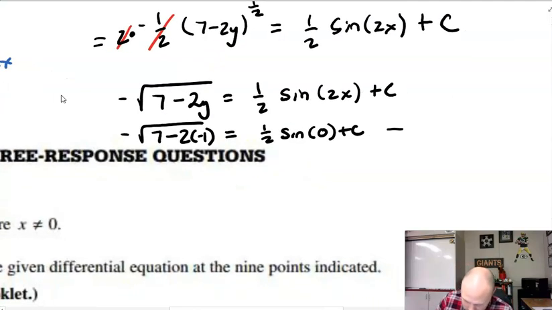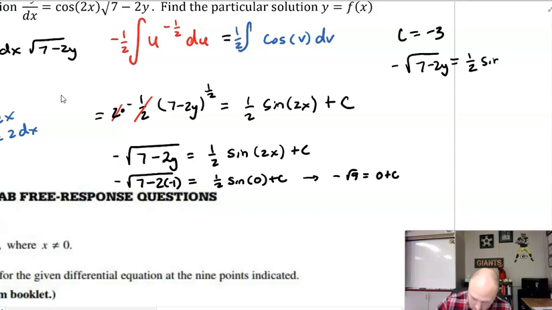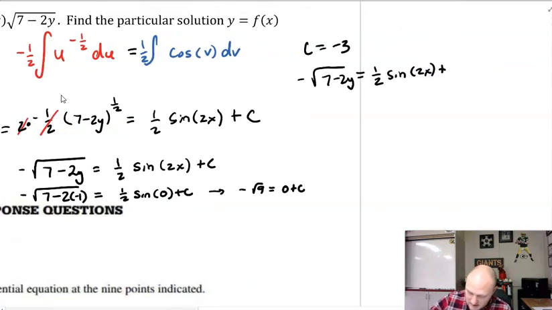So this gives us negative square root of 9 is equal to 0 plus c. So c is negative 3. And we end up with the equation negative square root of 7 minus 2y is equal to 1/2 sine of 2x plus, just kidding, minus 3.